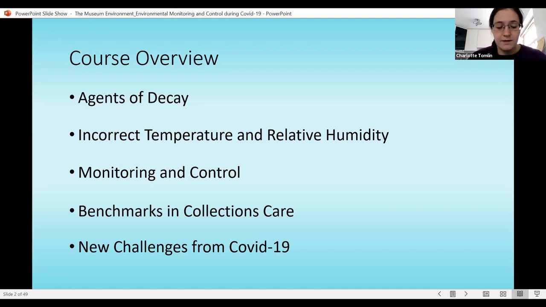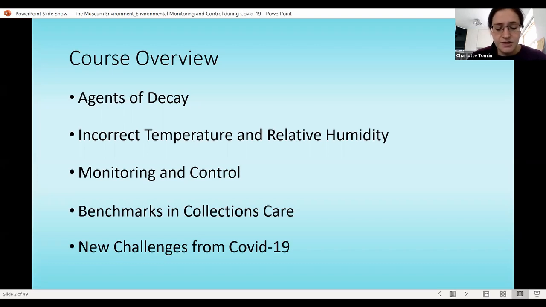We will look at what is meant by incorrect temperature and incorrect relative humidity and what risks they pose to different museum objects. Once we understand the risks associated with incorrect temperature and relative humidity, we will look at how we can monitor and control the environment to reduce the risks.